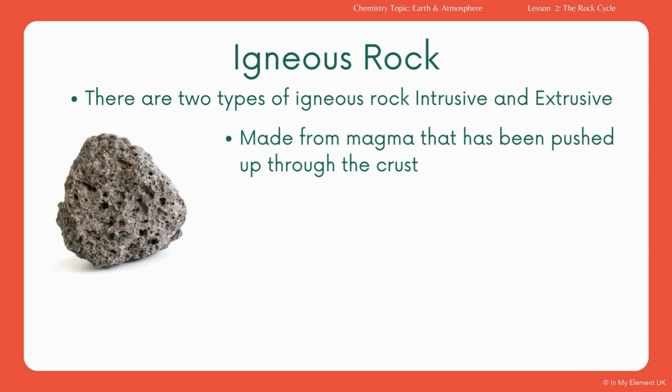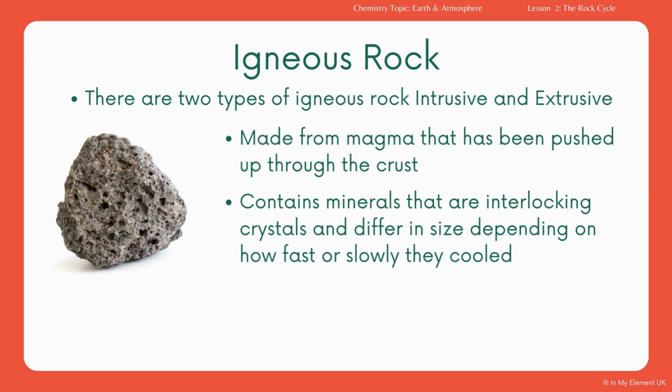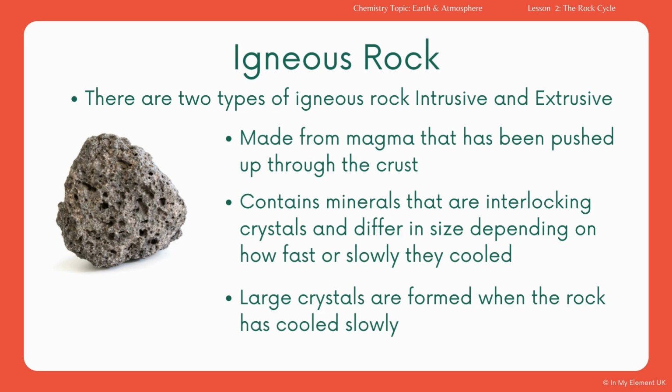So they're made from the magma that's been pushed up through the crust. You saw that on the image with the volcano. They contain minerals that are interlocking crystals, and they differ in size depending on the speed with which they're cooled. And so the large crystals are formed when the rock is cooled more slowly. Small crystals are formed when the rock cools more quickly.